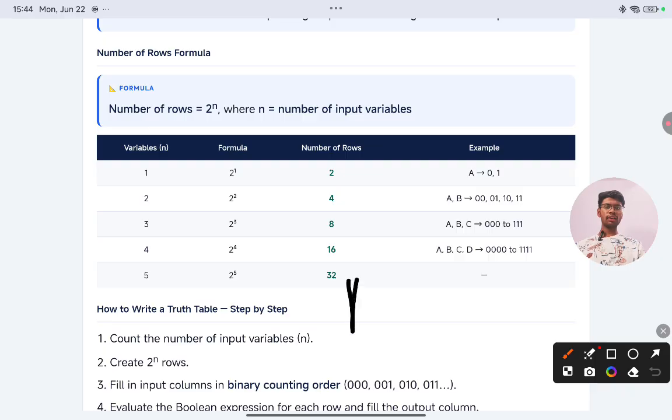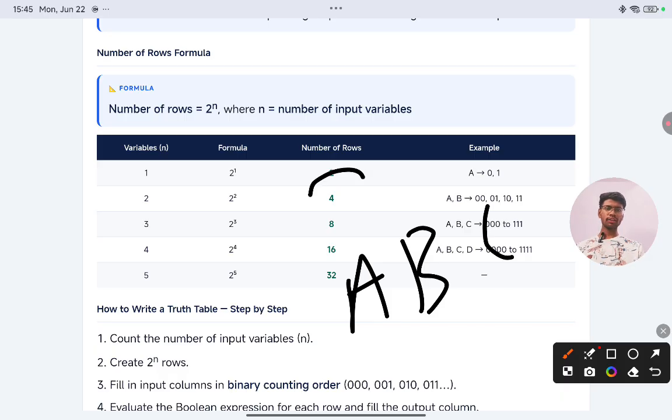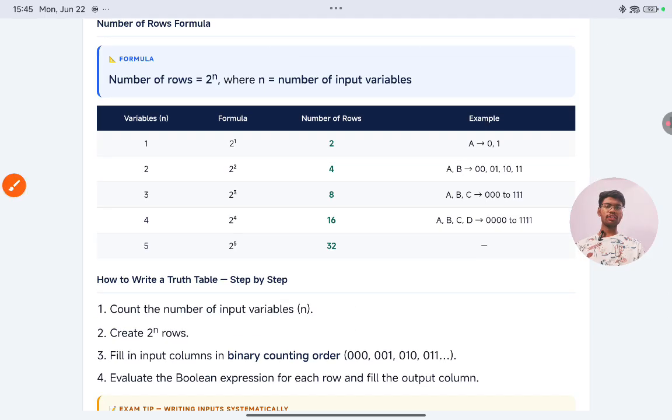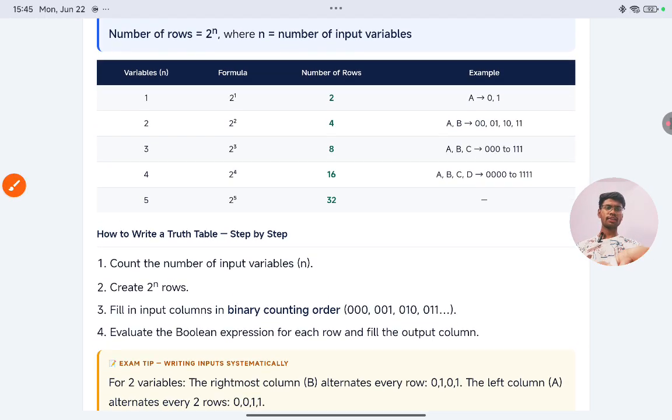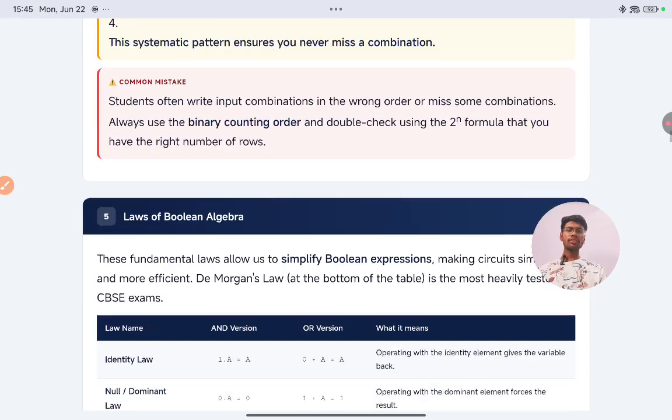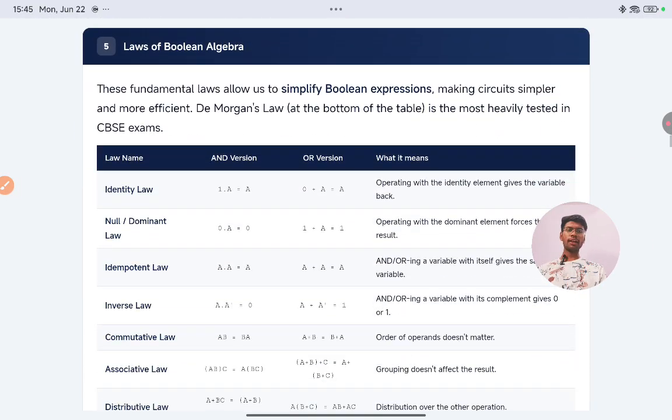Let's say we need A, B, C. Minimum is 2, maximum can be anything. So it will give 2 cubed, 8. A total of 8 rows will come and 8 values are there. And maybe for four inputs it's going to be 16, like this. This is a table here for reference; remember it using this formula, and don't make mistakes. This is a systematic pattern.